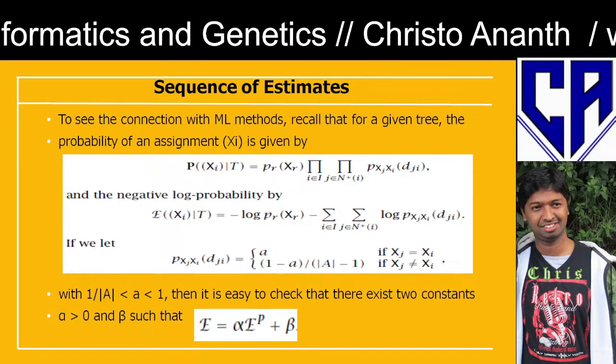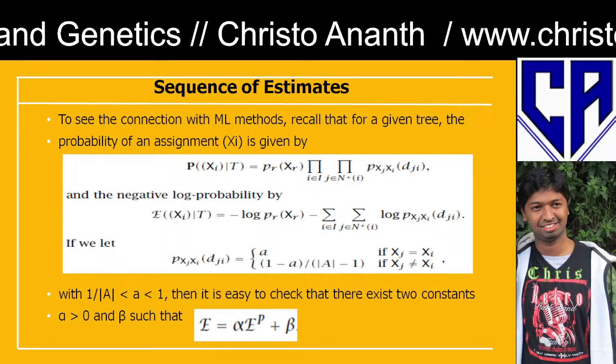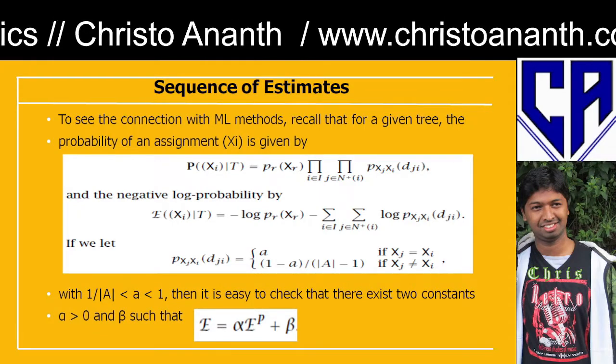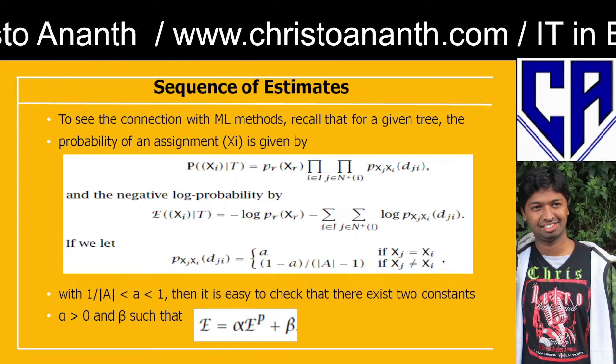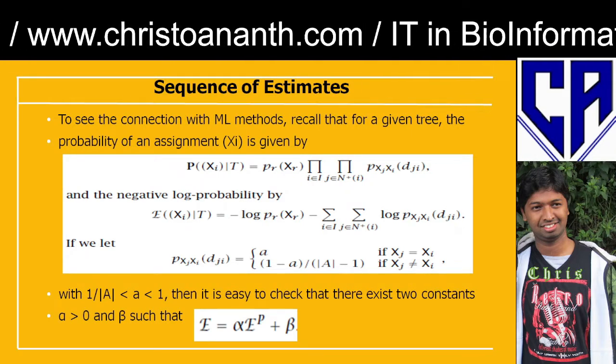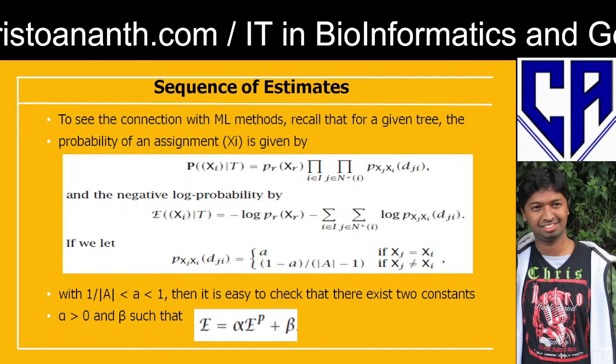And we find the sequence of the estimate. So we'll have P of xi given t equal to PR of xr times the product, with i belongs to I and j belongs to n, of P xj given xi of dji.